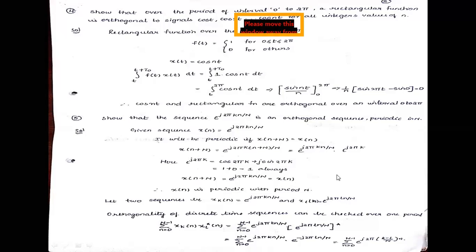Now you got the two signals, x k of n and x l of n. Using the orthogonality of the discrete function, it can be checked over the interval of the period. Now we can see here.